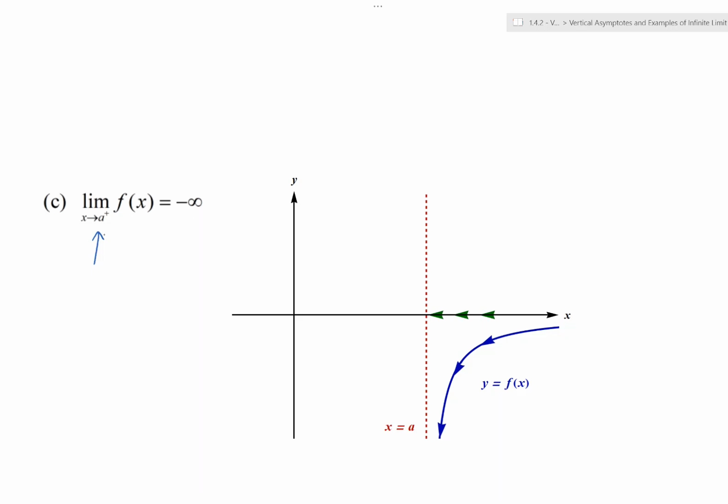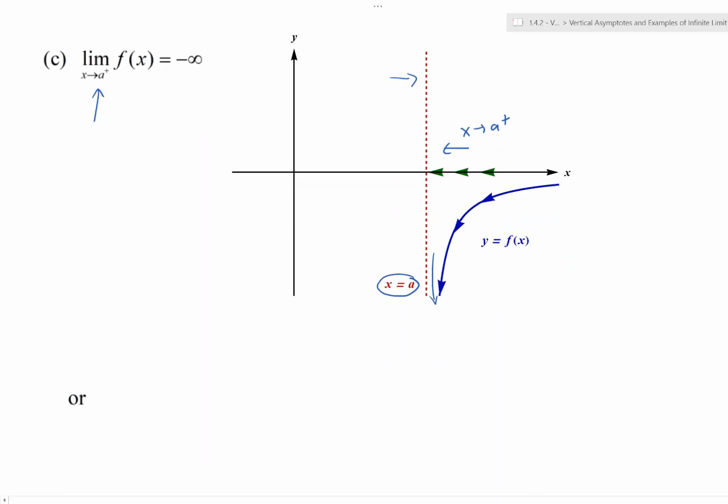In the picture, with the vertical line x is equal to a, we can see as x approaches a from the right, the function itself is approaching negative infinity. It's growing in magnitude without bound, but in the negative direction. If that happens, x is equal to a is a vertical asymptote for the function f of x.